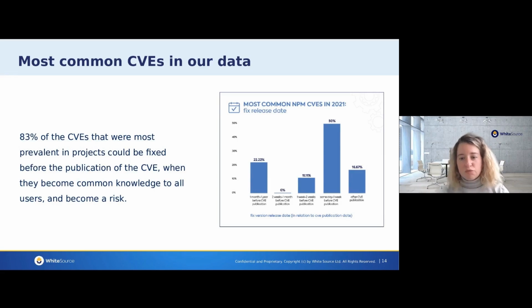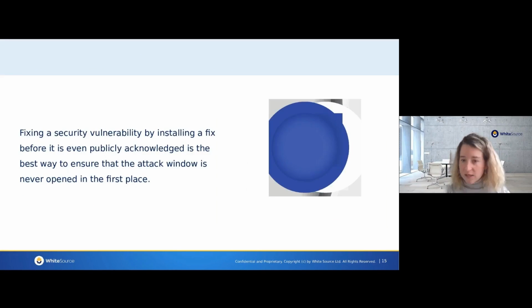So what we did is we tried to focus on the list of the most popular or the most common NPM libraries and see if that is actually true there as well. And here the information that we found was pretty similar. It was more than 80% that could have been fixed before the date of the publication of the CVE. So that's also very good news.